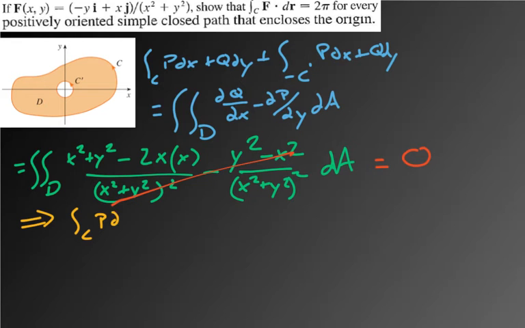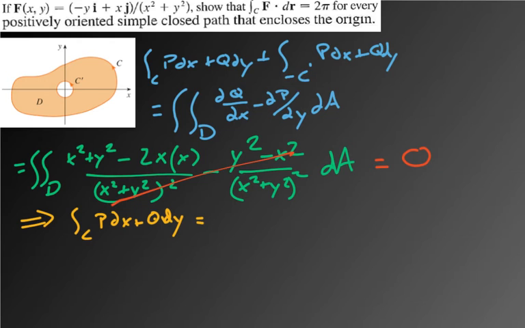That would then imply that the line integral around the arbitrary path of P dx plus Q dy equals this thing. Because this plus this is 0, it must equal the negative of this. And if it equals the negative, I can change the negative with the minus sign right here.